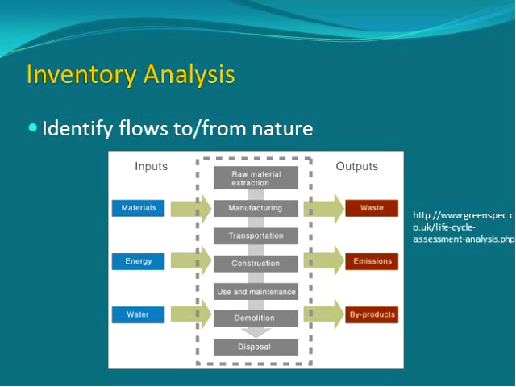So if you look at this little chart here, first identify what the different phases are of the production system. And then for each of those, you identify what the inputs are. And then next, you identify what the outputs are. So this basically creates a map for your life cycle assessment.